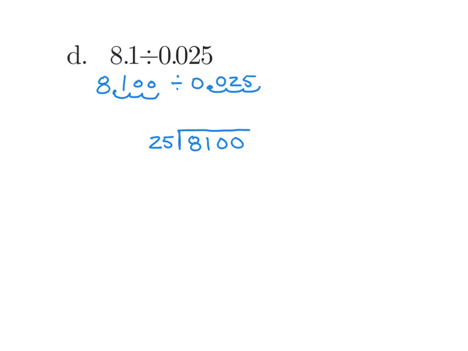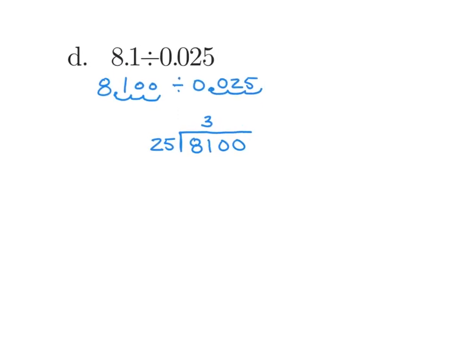All right, so 25 goes into 81 3 times. 3 times 25 is 75. Subtract, we get 6. We bring down a 0. 25 goes into 60 2 times. 2 times 25 is 50.